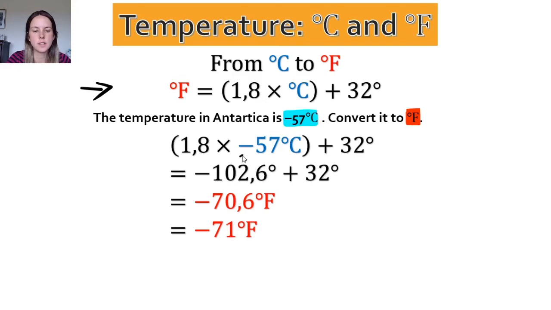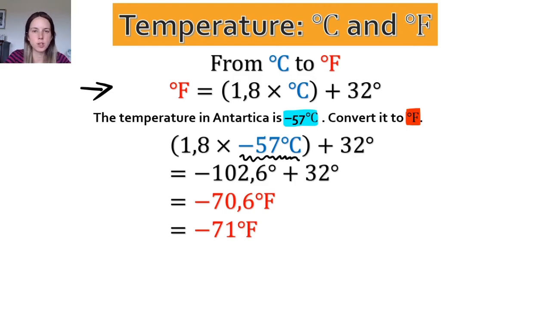And that's what we did here. 1.8 times negative 57 degrees Celsius gives me negative 102.6 degrees, plus 32, which gives me my final answer of negative 70.6 degrees Fahrenheit. If you are asked to round it off to the nearest whole number, it would be negative 71 degrees Fahrenheit.